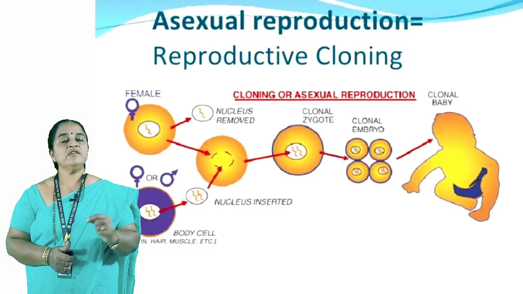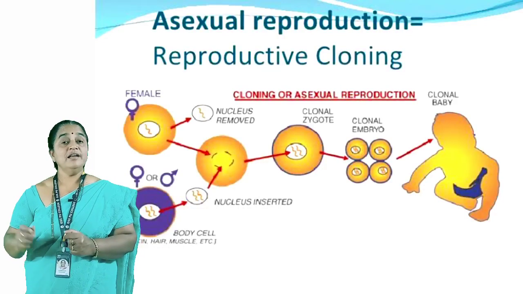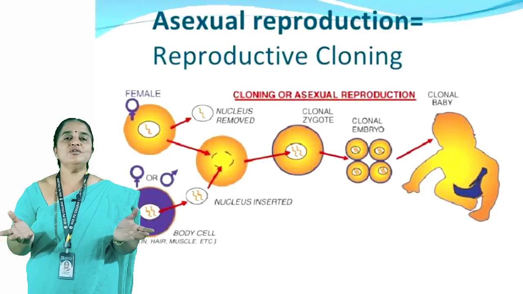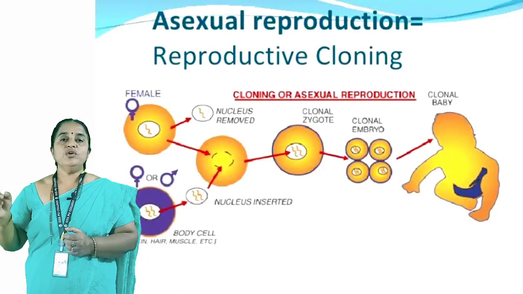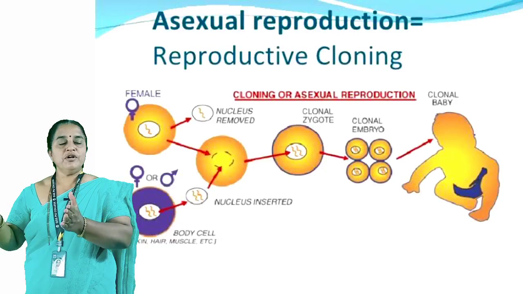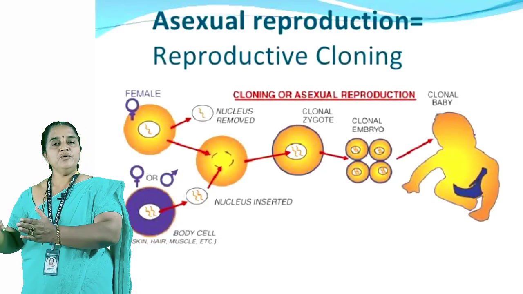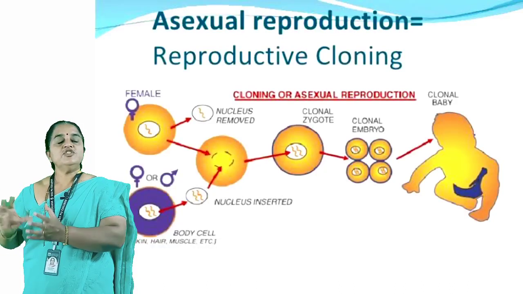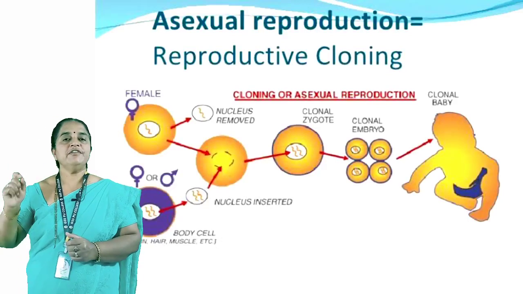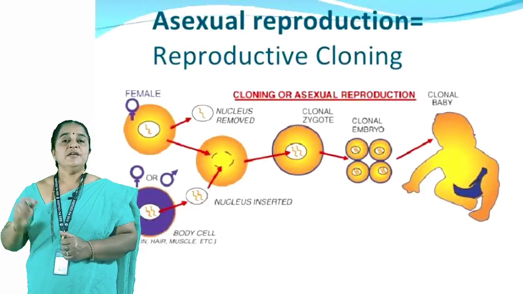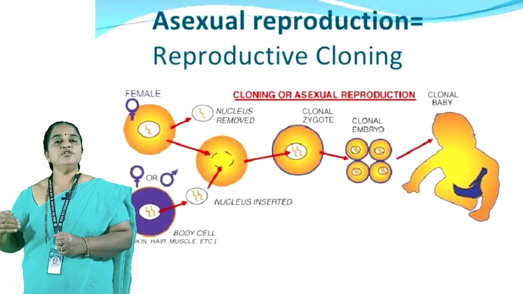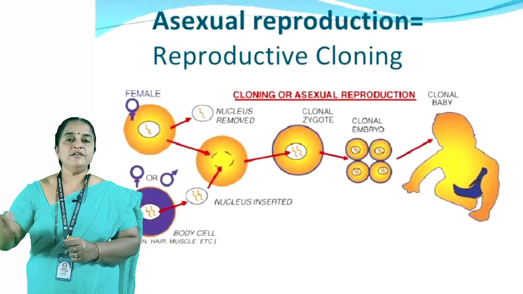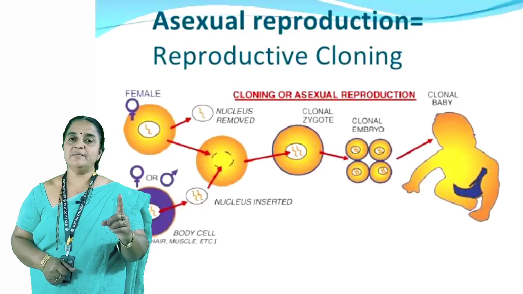So clones are produced in asexual reproduction, while in sexual reproduction there is no question of clones, because two gametes from two different bodies are coming together and fusing. So there is genetic recombination giving variations. That's why when you compare the progenies of the same parents, or progenies with the parents, you will never find 100% similarity.